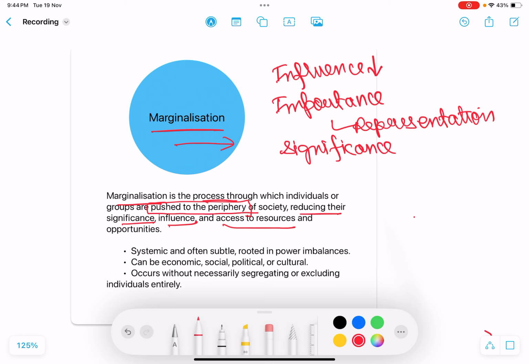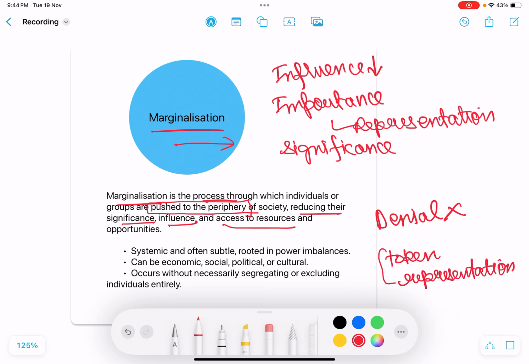So you can think about it like this, there may not be complete denial, right? That may not be the case, right? They may be part of formal structures. Let's just say the religious minority may be a part of the democratic governance systems, but they may only have, let's just say, token representation, right? So what policy matters to them, right, is of very much less significance because their representation is token representation, right?